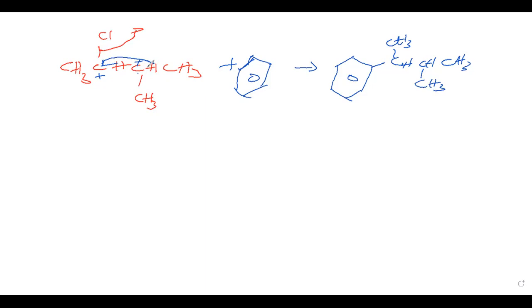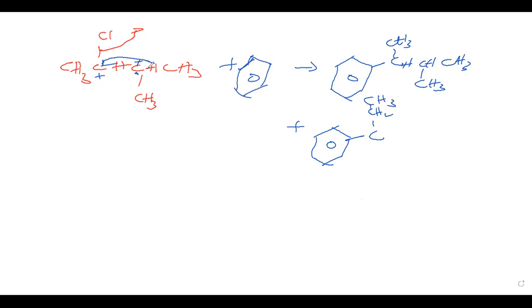The next one is when I move my hydrogen here, to put my carbocation here. Good. And so in that instance, I would have this product. So this carbon is the focus now, right? On top of it, I would have CH2, CH3.